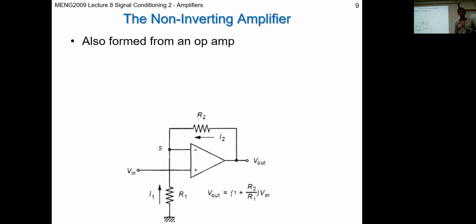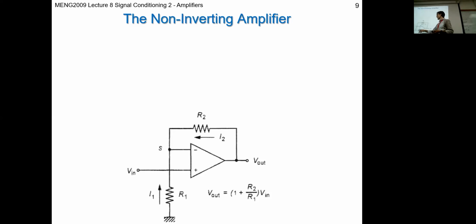Let's look now at a non-inverting amp. So we looked at the inverting amp. The non-inverting amp is a little more complex in its configuration, but it does have a big advantage in as much as it is non-inverting, right? It doesn't flip the output voltage. So now, if we look at the diagram of it here, we see the input voltage goes to which pole? Positive pole.